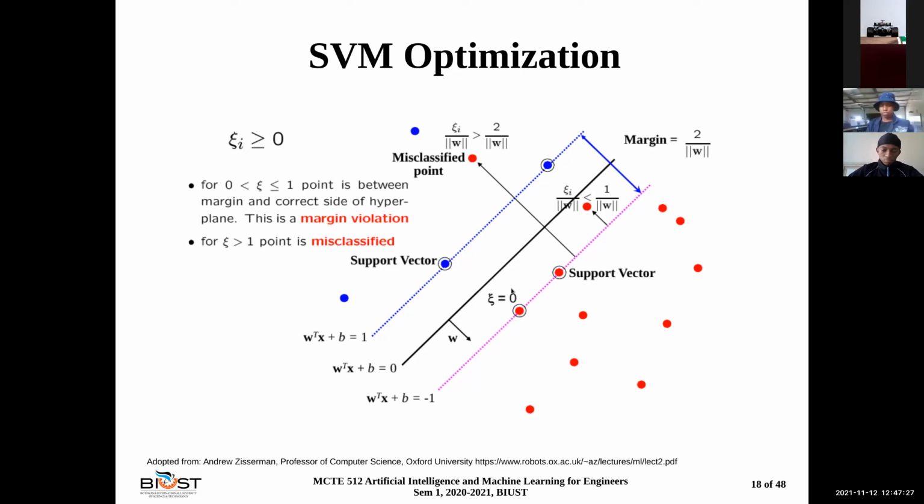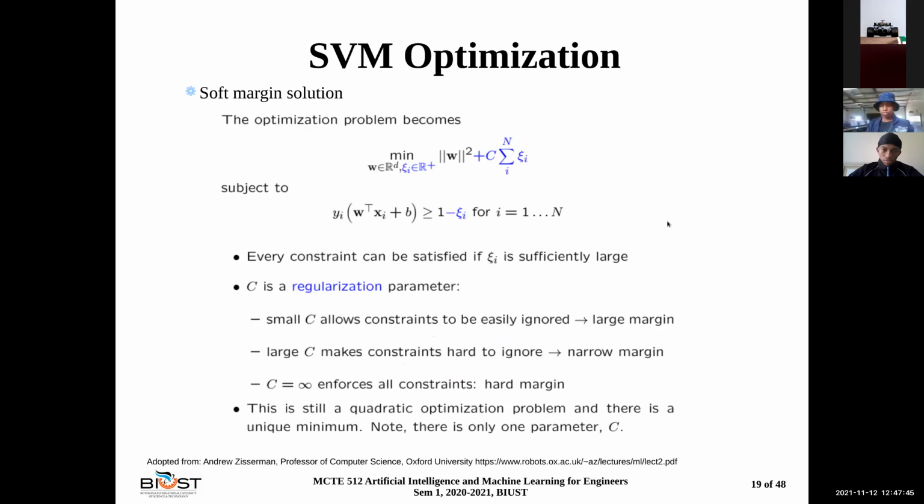The psi value for points that are inside the margin is between 0 and 1. And for each point that is not correctly classified, there's a psi i that is greater than 1. So each one of these points has a corresponding psi. That's why you have a psi i, and then you sum all the psi's for each point from 1 to n, the sample size n.